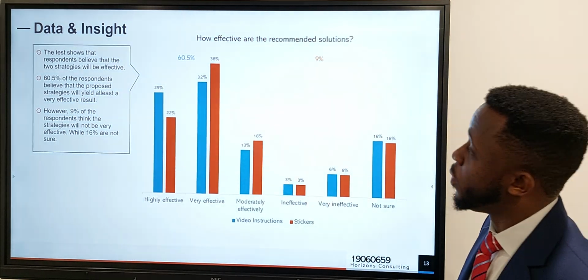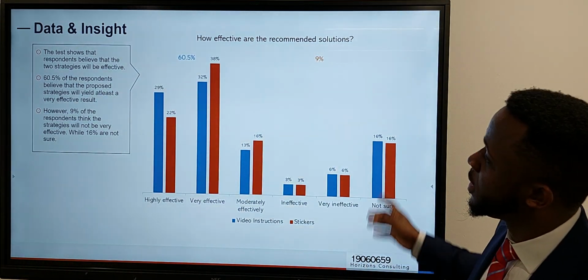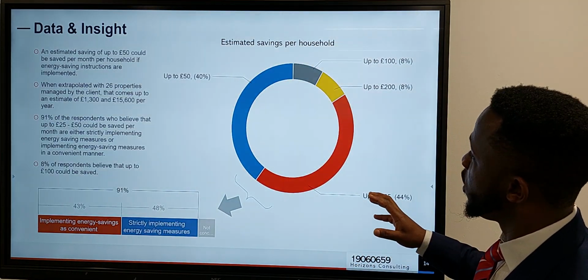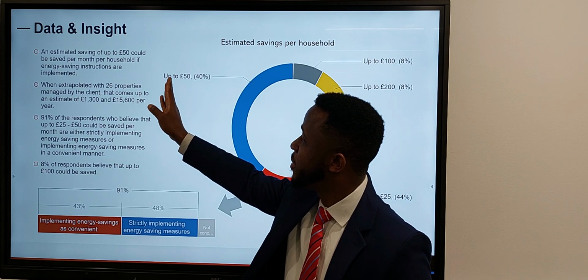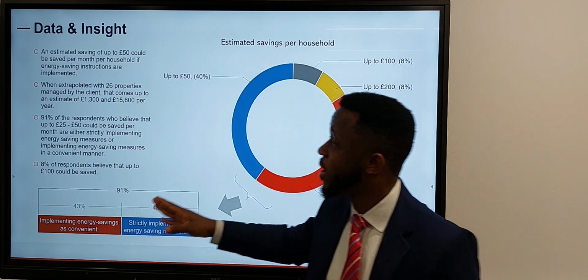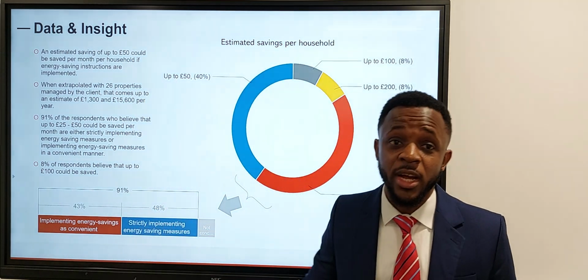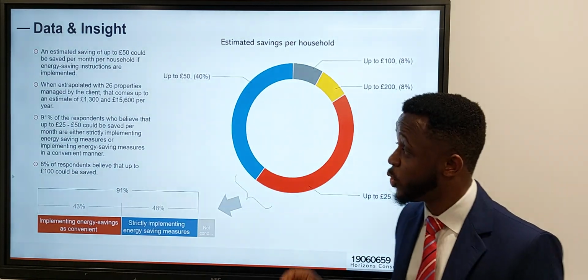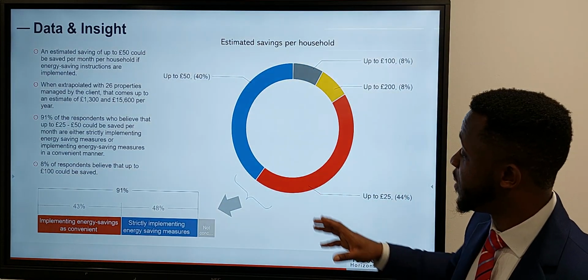And again, what we see is that up to £50 per month per household could be saved if these solutions are implemented.